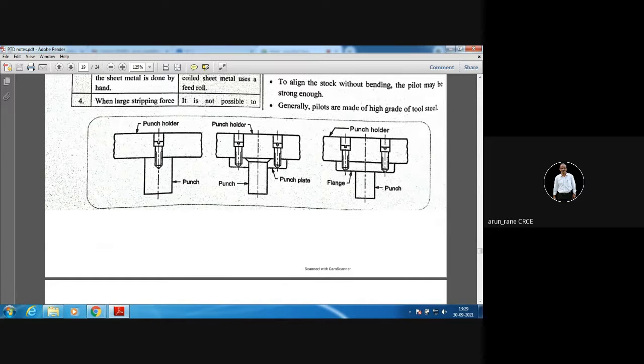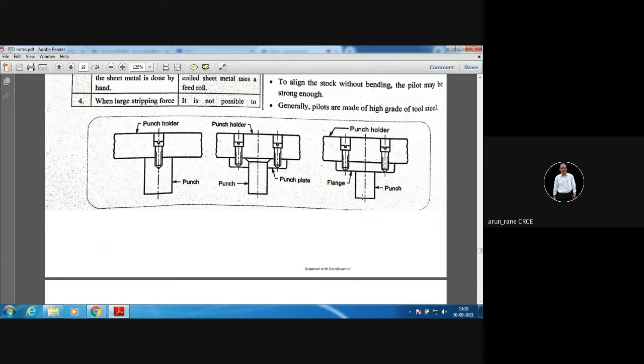Here, this is a punch, and the punch is mounted inside the punch plate, and the punch plate is fixed to the punch holder by Allen screws.